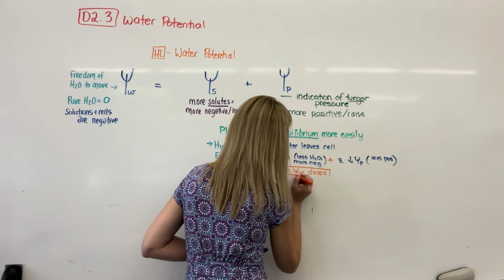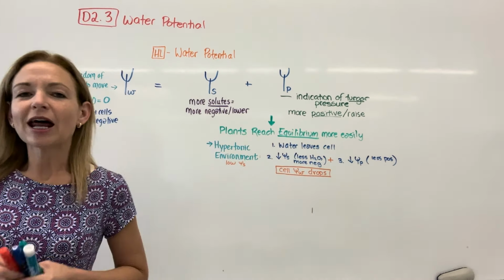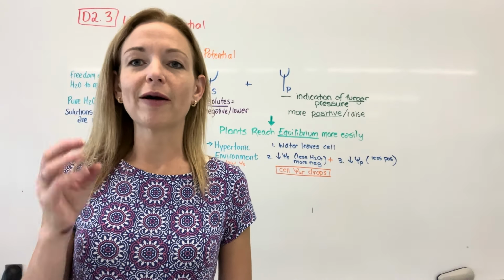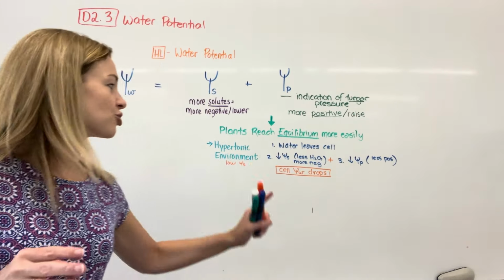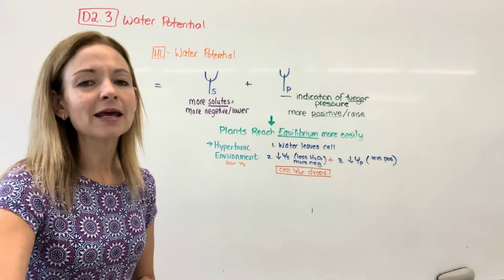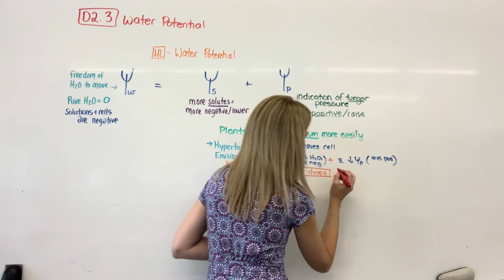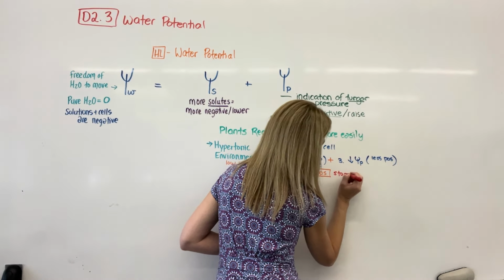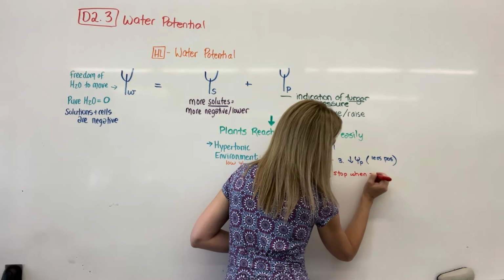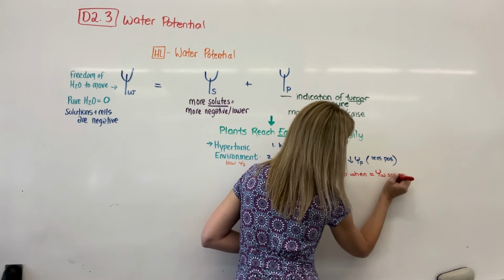So it could happen in animal cells as well, but they don't have the pressure drop. Because of the pressure drop, that's going to happen more quickly. And then it will basically stop when it equals the water potential of the solution.